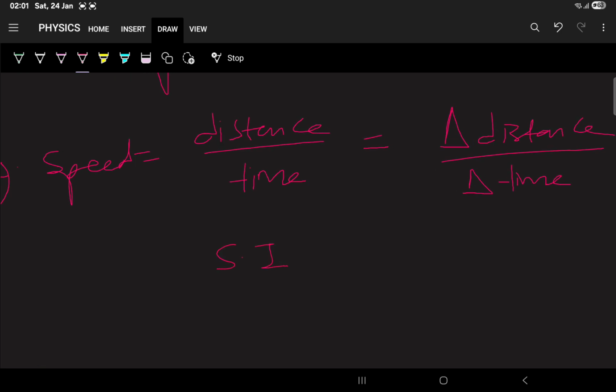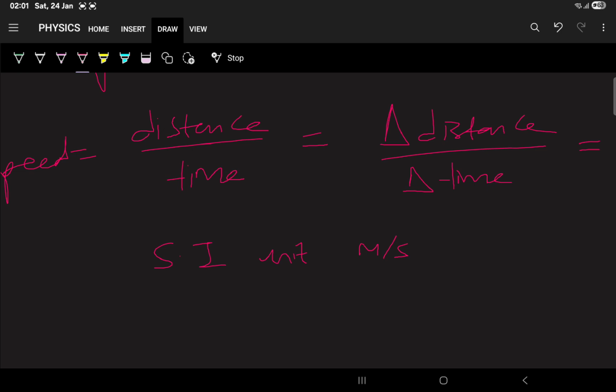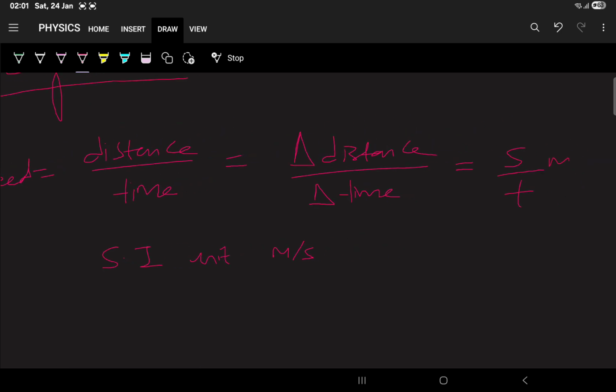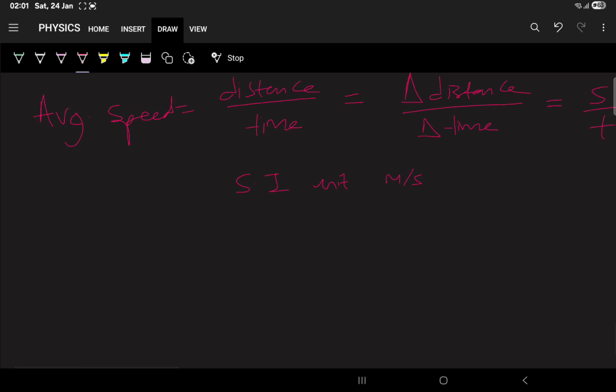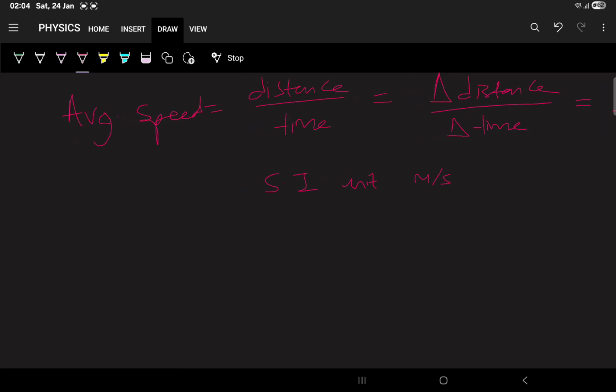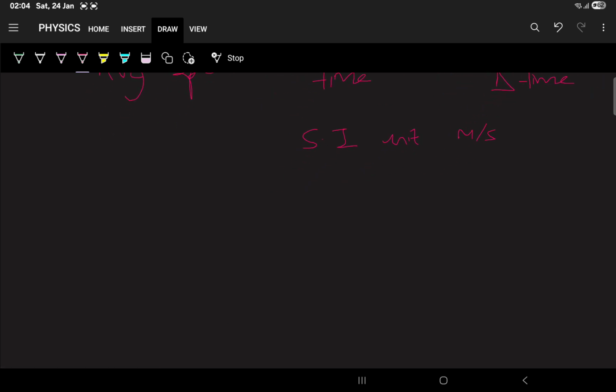The SI units for speed is meter per second, because distance is in meter, time is in second. Now let's represent this graphically. For speed, we're dealing with distance and time.